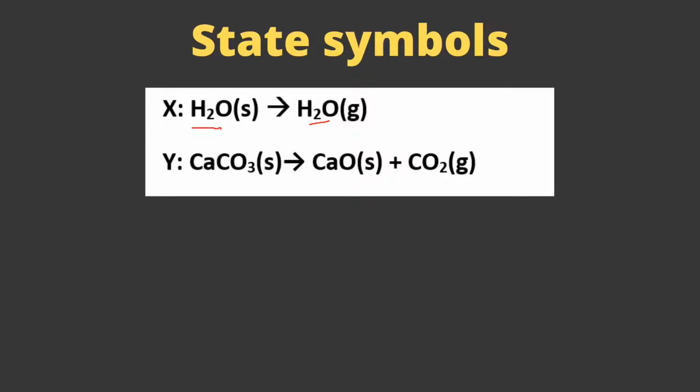The state moved from being solid to now being gas, maybe from being ice to now being steam. And then here we have calcium carbonate, it's in a solid form. Here we have calcium oxide, it's in a solid form. We have carbon dioxide, which is in a gaseous form, right? So that is how you typically show state symbols.